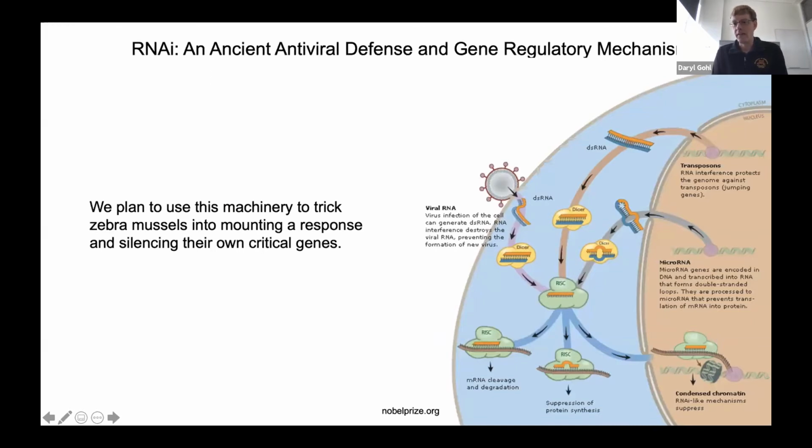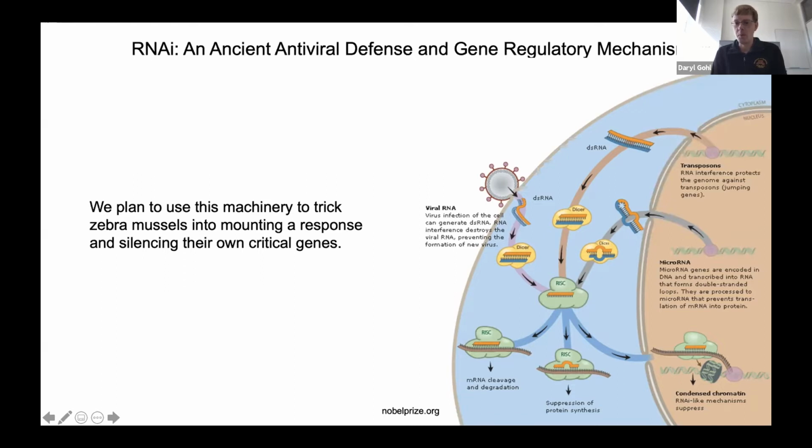RNAi is thought to have evolved as an innate antiviral defense mechanism. So there typically aren't double-stranded RNAs floating around inside cells, but there are a number of RNA viruses that have double-stranded RNA genomes. And so it's thought that this machinery may have evolved to protect against these double-stranded RNA virus infections.